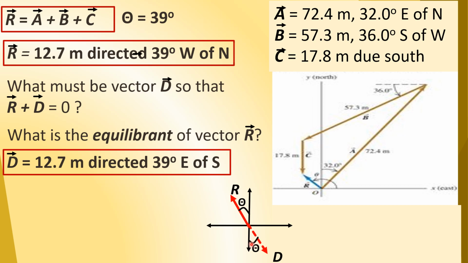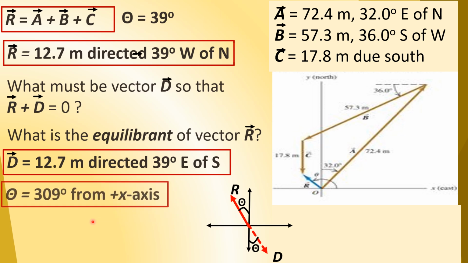That's what we mean by 39 degrees. So that's exactly the angle, or the direction, that we want to use in describing vector D, which is the equilibrant vector, which when added to vector R will make our summation equal to 0.